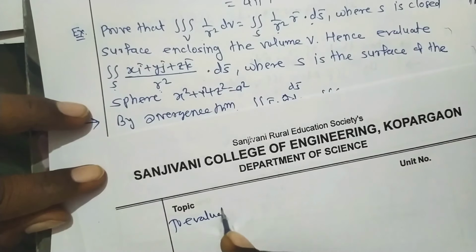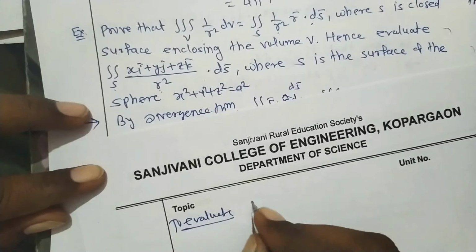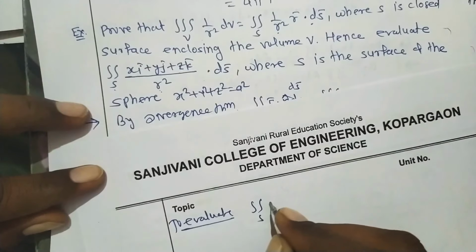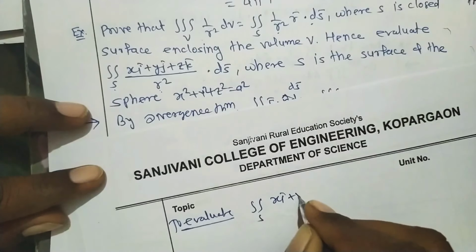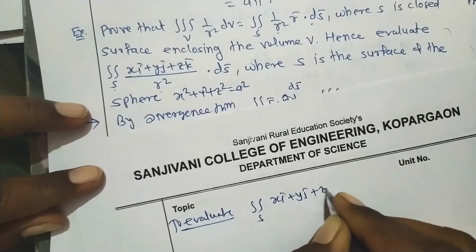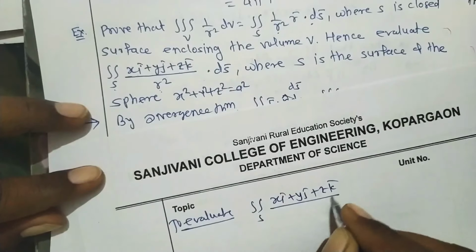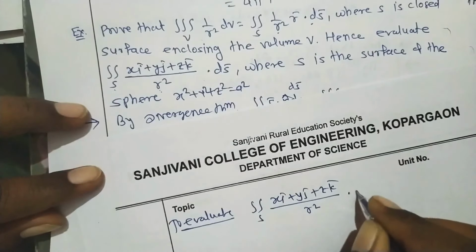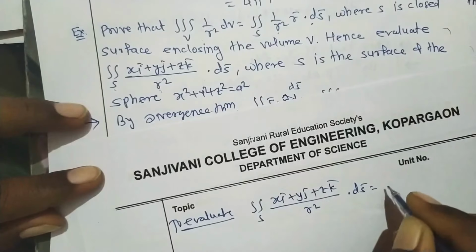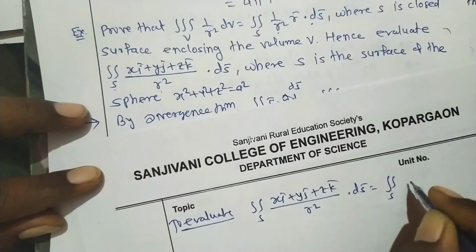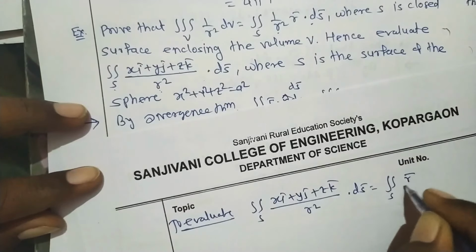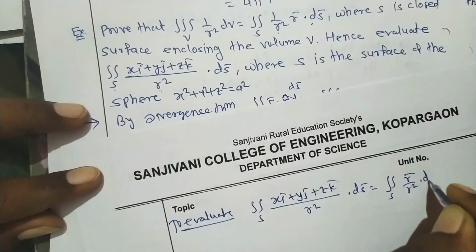Now to evaluate the double integral over s of (x i bar plus y j bar plus z k bar) upon r square dot ds bar, that is equal to the double integral over s of r bar upon r square dot ds bar.